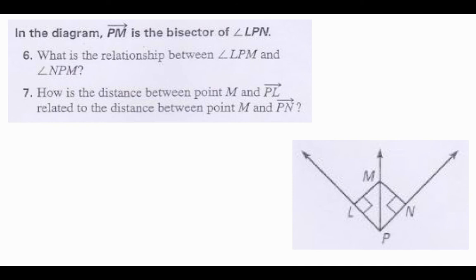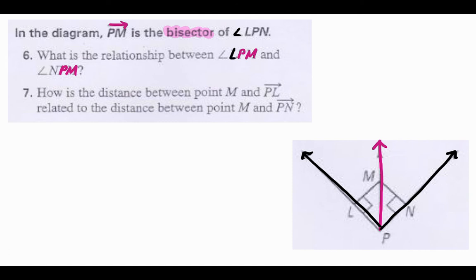So we have an angle bisector this time. We are told that the ray PM is an angle bisector. So the angle that we're bisecting is the angle LPN. So we're looking for a relationship. The first one is with a set of angles, and notice that within the name of the angles, we have P and M. That's our bisector.